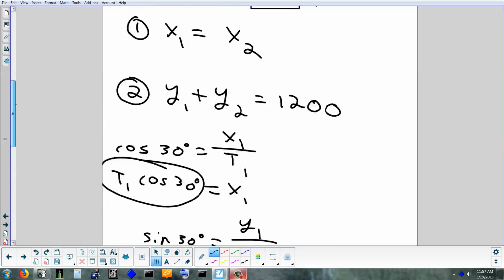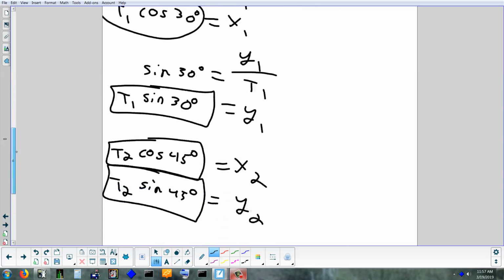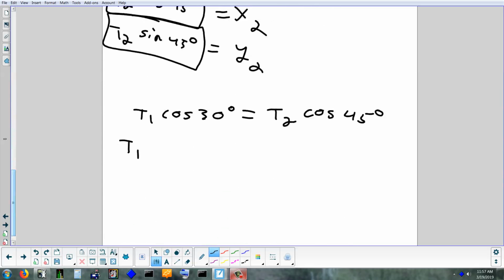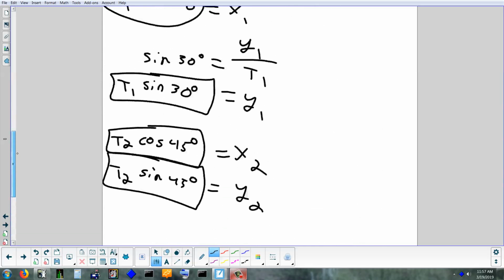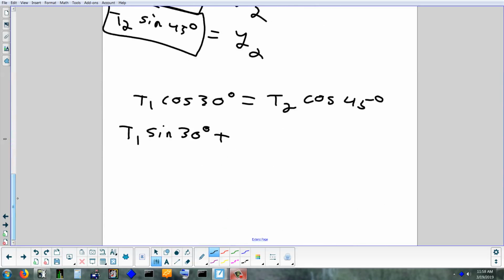Second equation. y1 plus y2: T1 sine 30 plus T2 sine 45 equals 1,200 pounds. And now you've got two equations. They each have two unknowns in them. The tension in cable 1, the tension in cable 2.